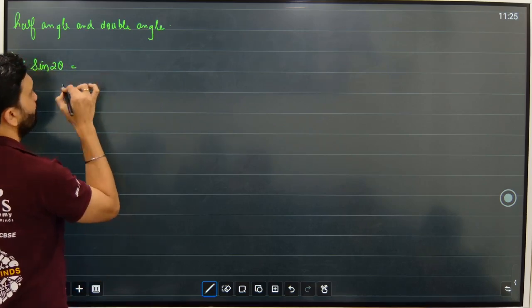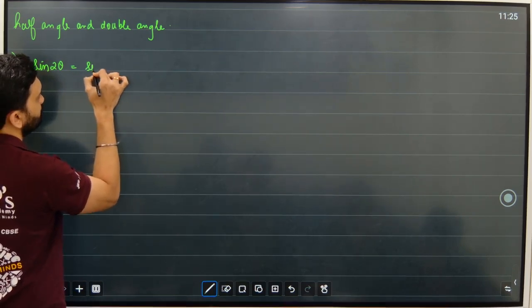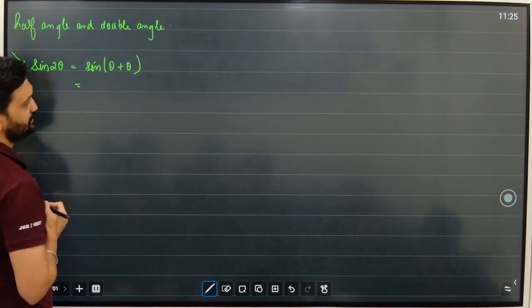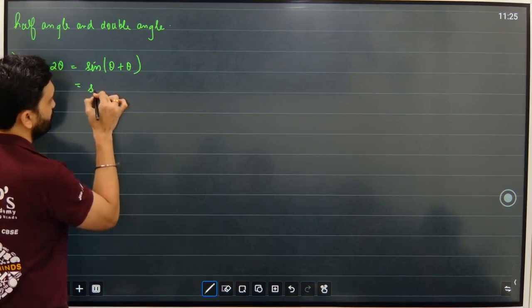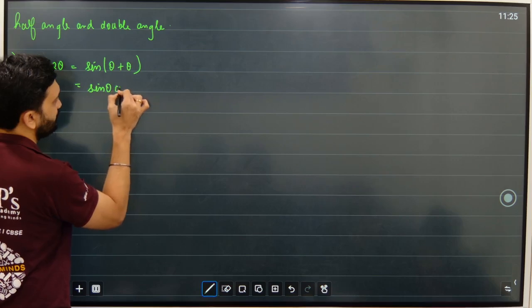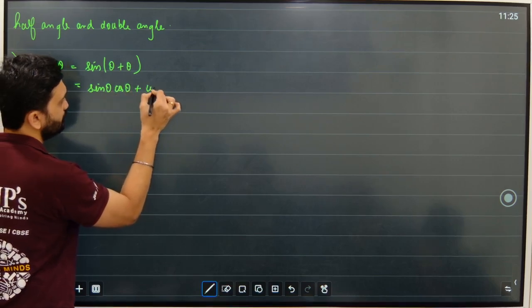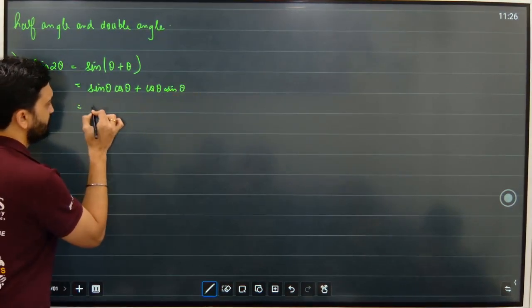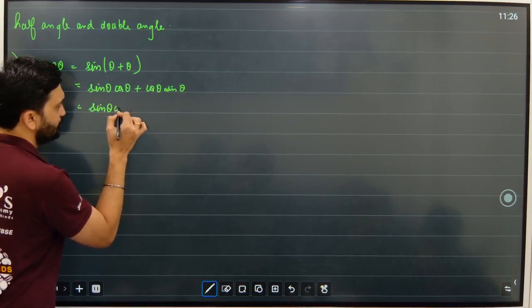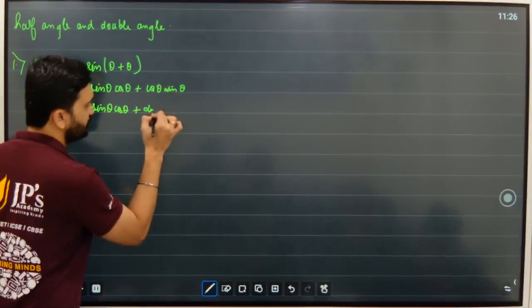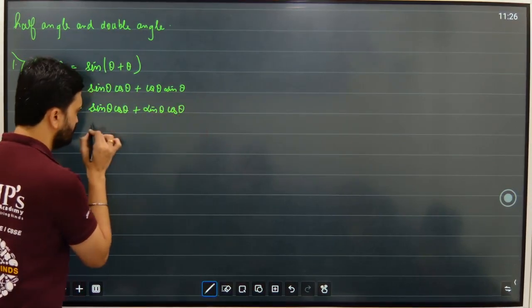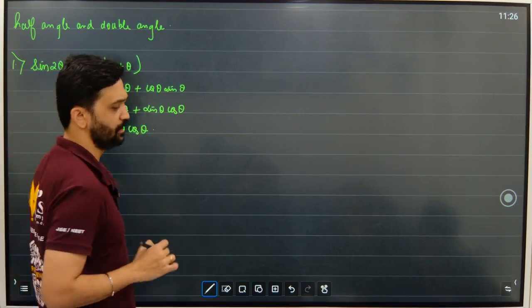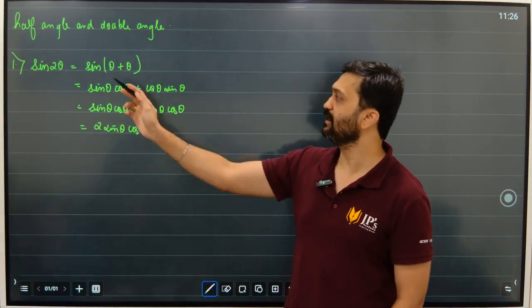Now we know our compound angle, that is I can write sine 2 theta as sine of theta plus theta, which is nothing but sine A plus B, which gives rise to sine A cos B plus cos A sine B, which is nothing but sine theta cos theta plus sine theta cos theta, which is nothing but 2 sine theta cos theta. And this is your first formula for sine 2 theta.